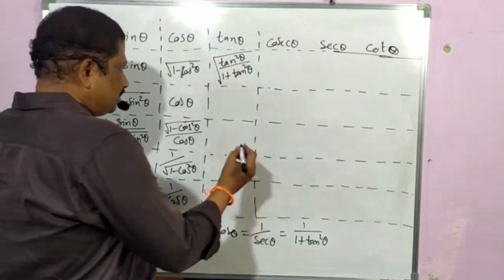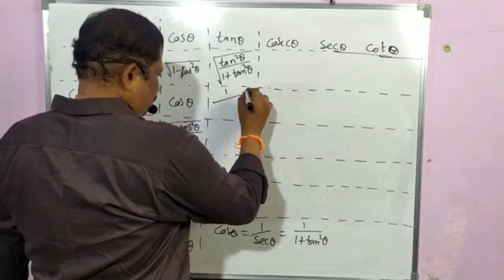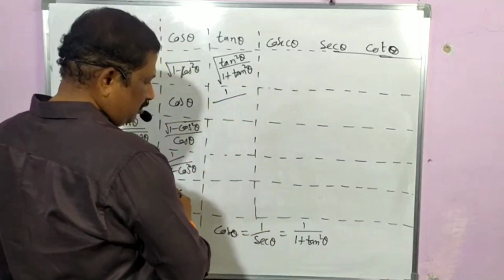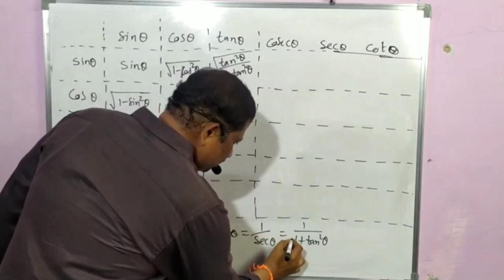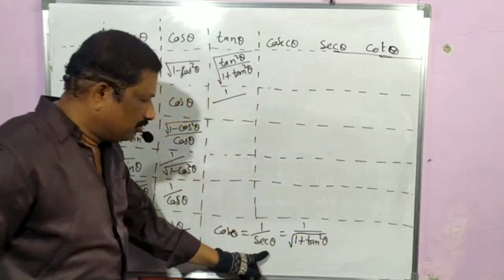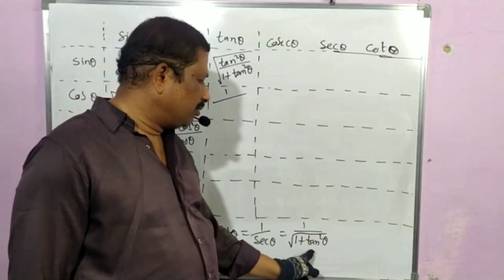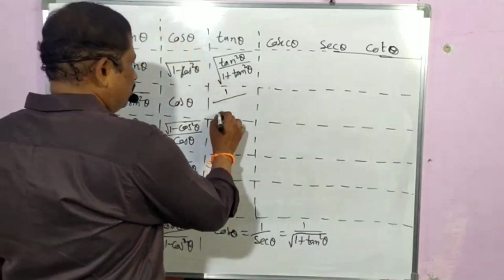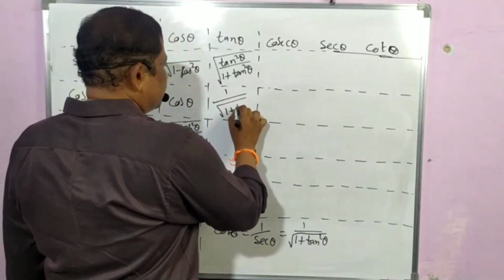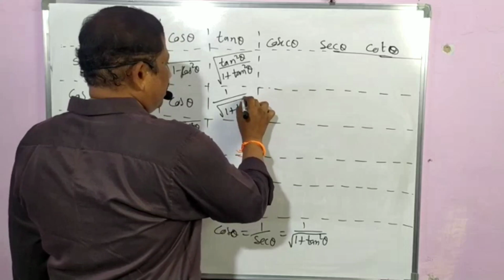So secant theta is under root 1 plus tan square theta. So that means 1 by under root 1 plus tan square theta.